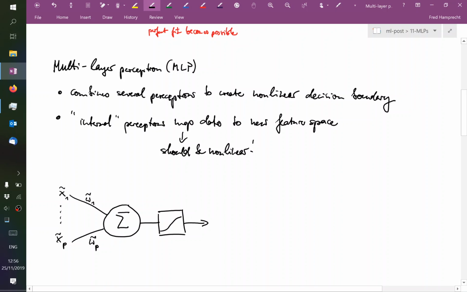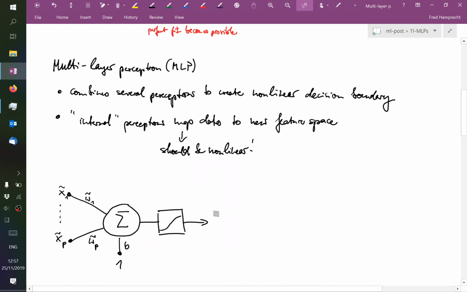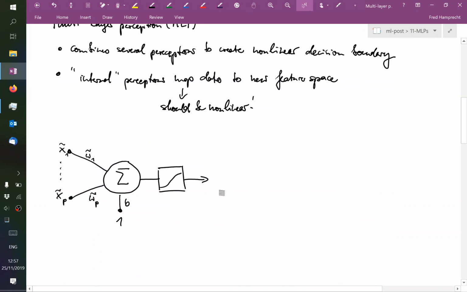And then we would have a so-called bias. The sigma in the middle is meant to be a sum. So this is a summation unit, and what comes out of the summation unit would just be W transpose X.